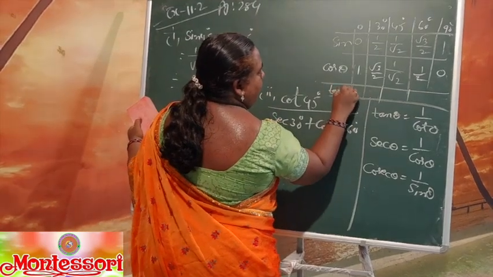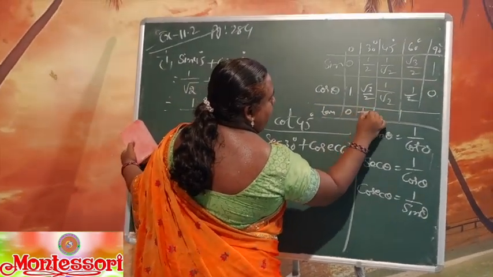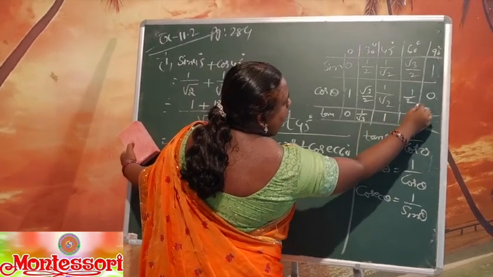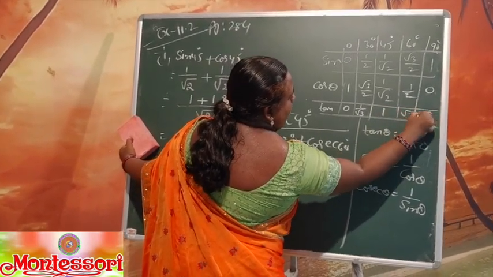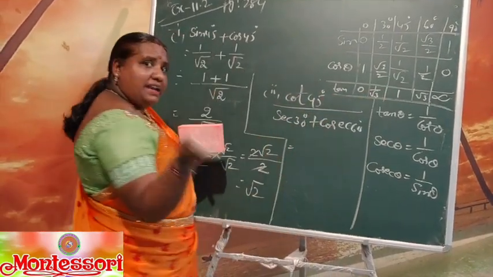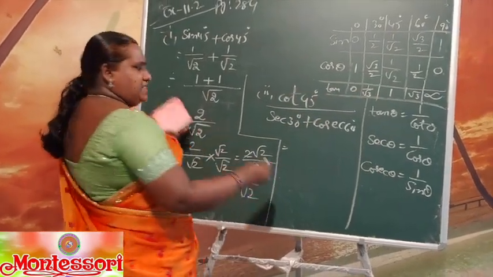Say children, what is cot 45? Tan 45 is 1. Reverse it, cot 45 is 1 only.